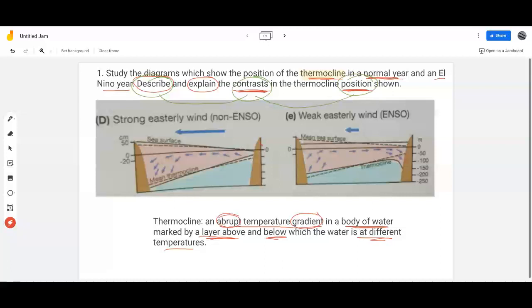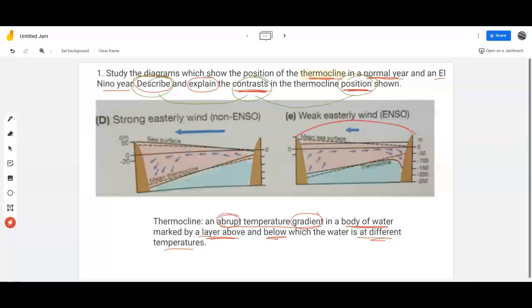So let's start with this diagram here. If that's the average thermocline, what this is telling us is that in a normal year or non-ENSO year, the thermocline is a little bit deeper than average in the west. See that? The solid line is below the dotted line. And it's a little bit shallower than average in the east. The solid line is above the dotted line.